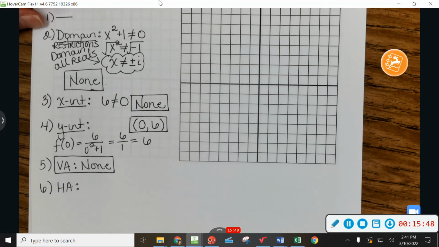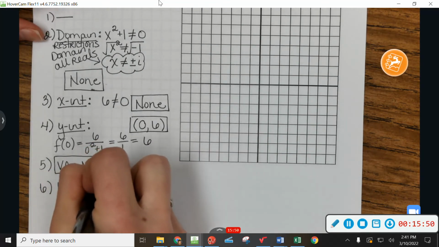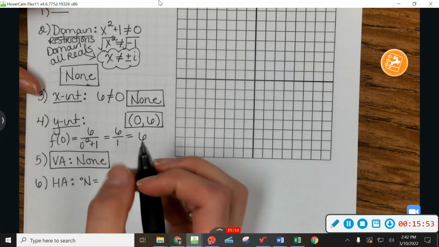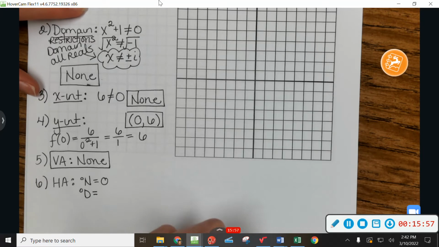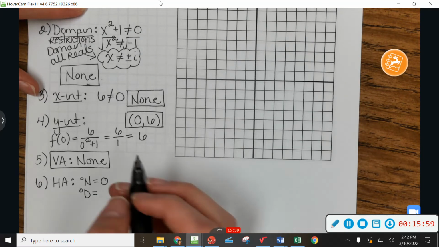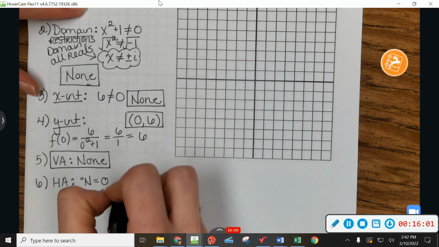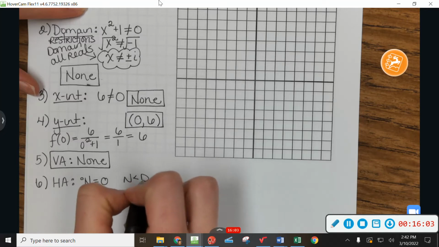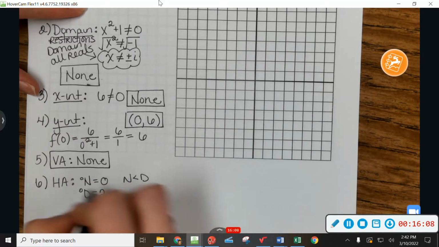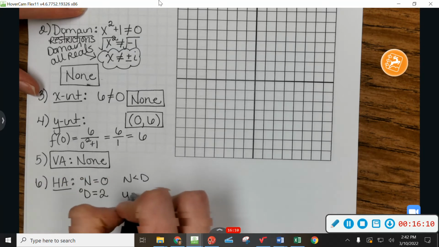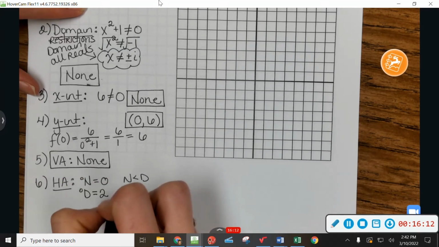My numerator is just a constant, so the degree is 0. In my denominator, I have x squared, so that's a degree of 2. My numerator degree is less than my denominator degree, so my horizontal asymptote is what? y equals 0.